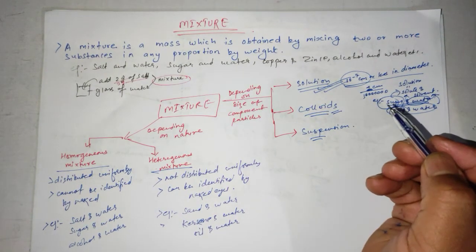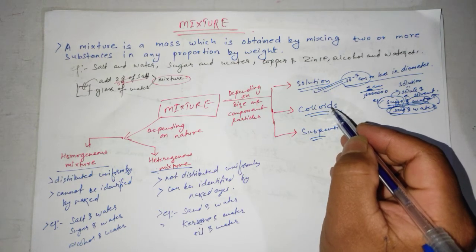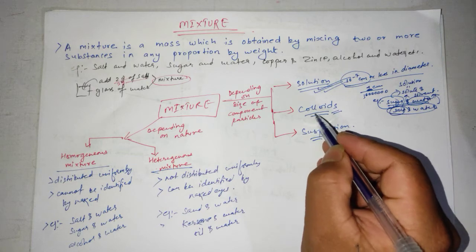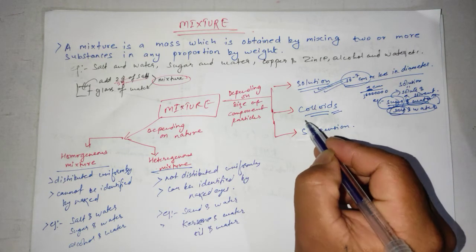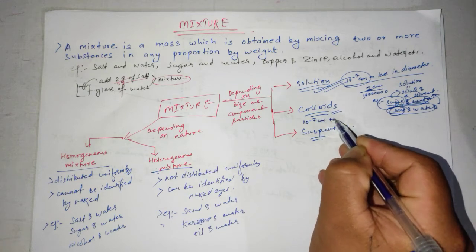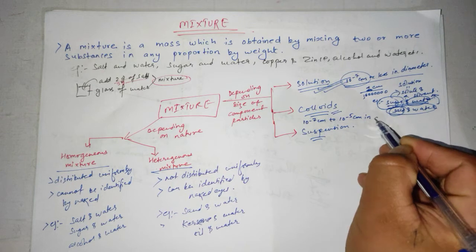Similarly, what's a colloid? A colloid is also a homogeneous mixture. But in a colloid, the particles which are mixed are 10 to the power minus 7 centimeter to 10 to the power minus 5 centimeter in diameter.